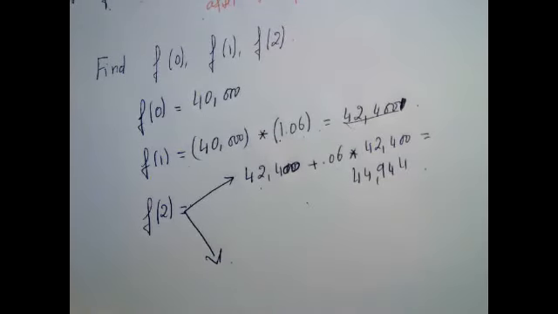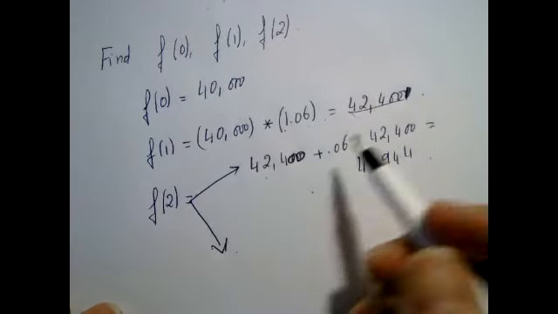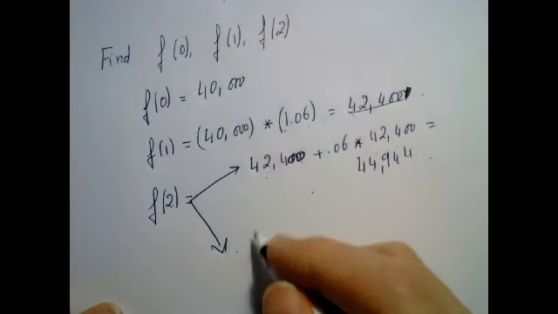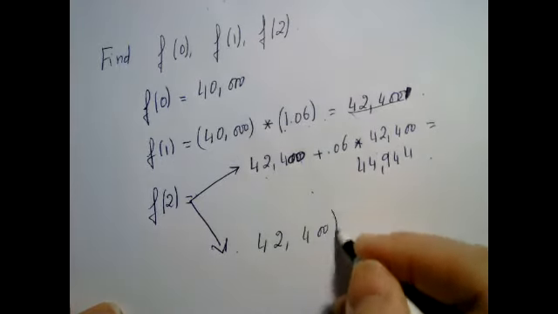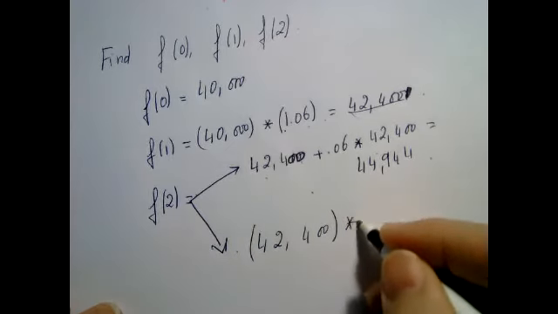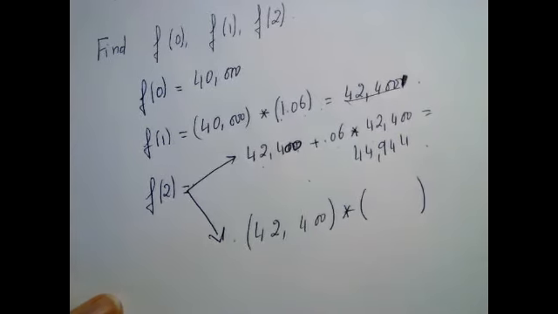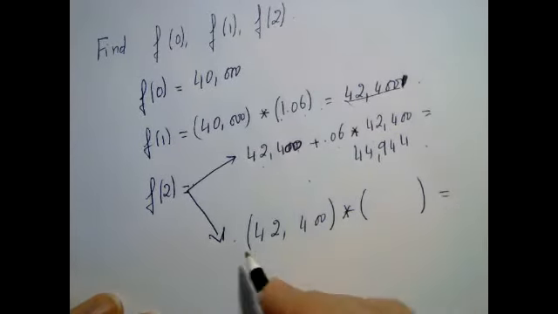It increased by 6%. Another way I'm going to do this problem, instead of doing 2 operations, I can do this in one. It's his old income times what? What should I multiply this by to get his new income?